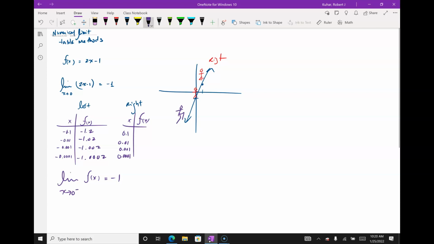And these are pretty obvious, right? Is it? I better double check it. 2 times 0.1 minus 1. No, it's not the same, sorry. Oops, that's still right. But this one starts at 0.8, right? 2 times 0.01 minus 1. Negative 0.98.